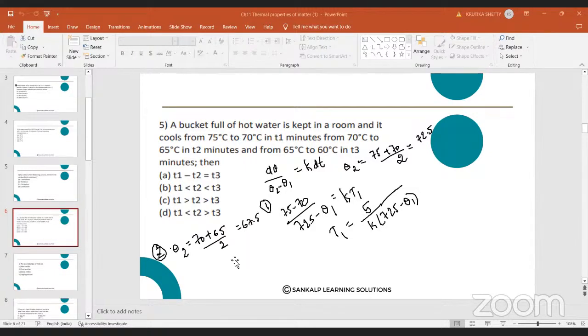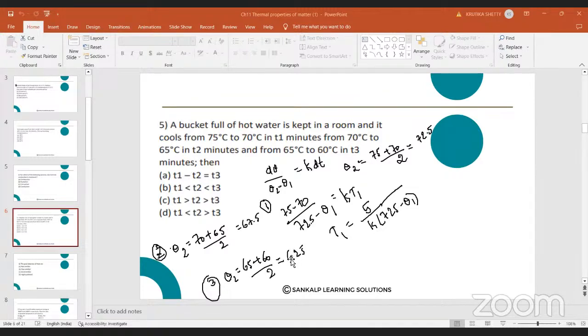Substitute in the same way. That is 70 minus 65, d theta will be 70 minus 65. Case 3: in case of case 3, theta 2 will be 65 plus 60 by 2, which is equal to 62.5.